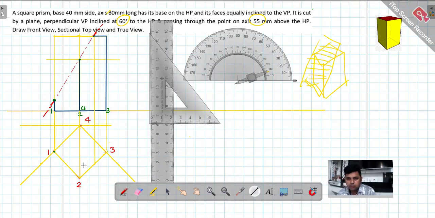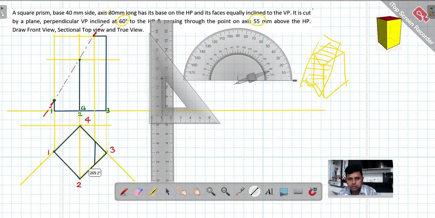Okay, so of course from the top view everything will be visible. Therefore I am drawing all the edges which are directly visible from the top. Also, this also is directly visible, and this also is visible.